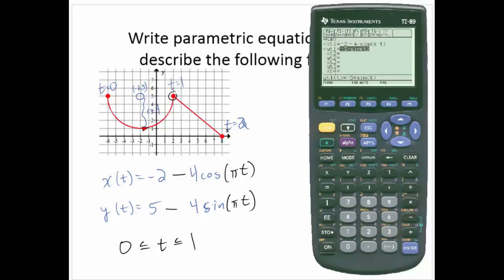And y1 is 5 minus 4 sine pi t. And let's have our window go from t equals 0 to t equals 1. Let's verify that we've done this correctly. And I'll graph it.